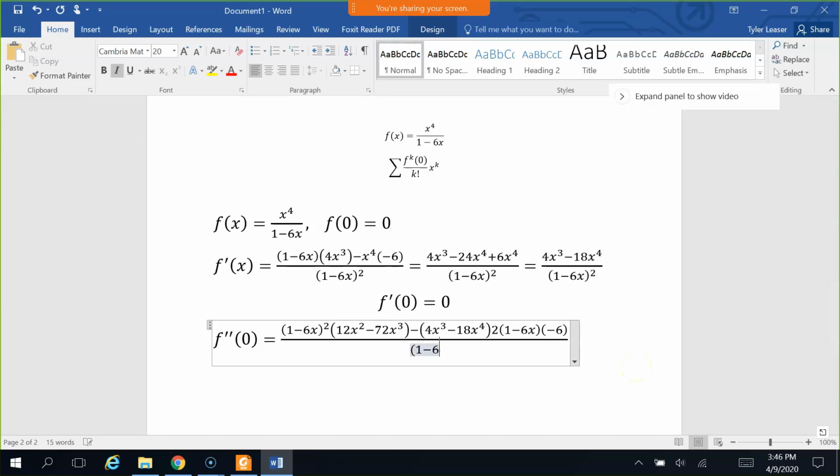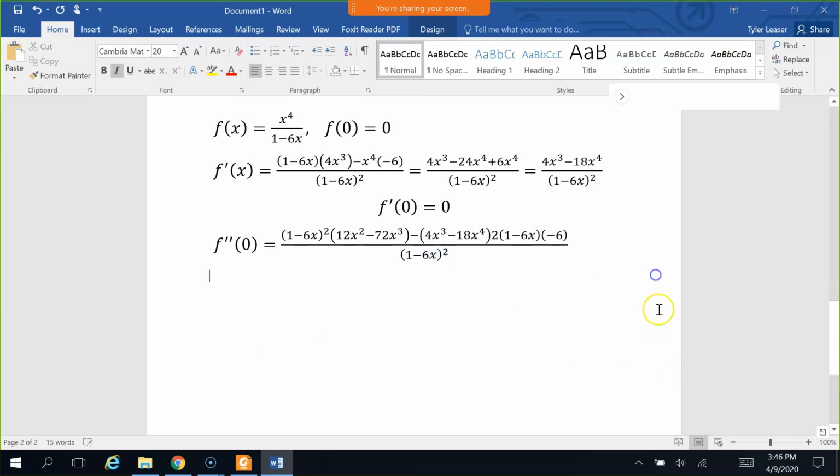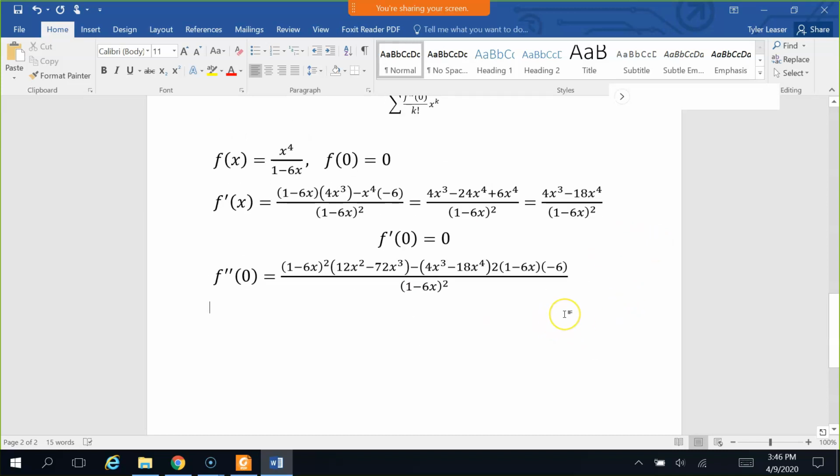All right, it's just getting ugly at this point. I'm pretty sure that if I plug 0 into this, I'm still going to be getting 0. So we would just have to keep going until we eventually got a number.